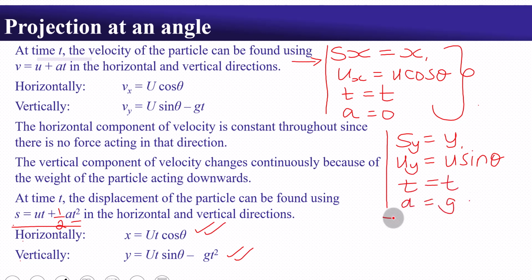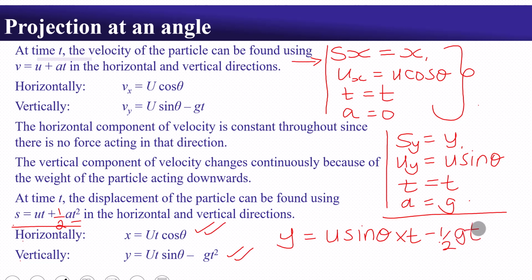If you substitute this into the second equation of motion, you will have y equal to u sine of theta times t, minus a half g t squared. So you realize that this is this equation.